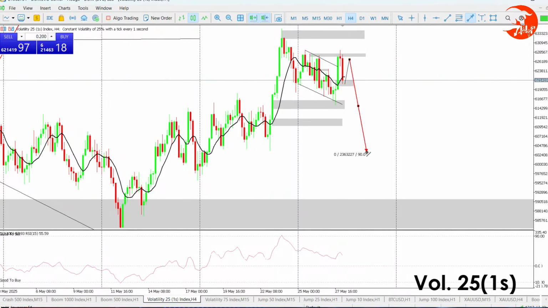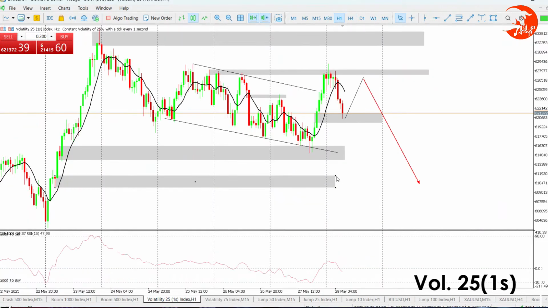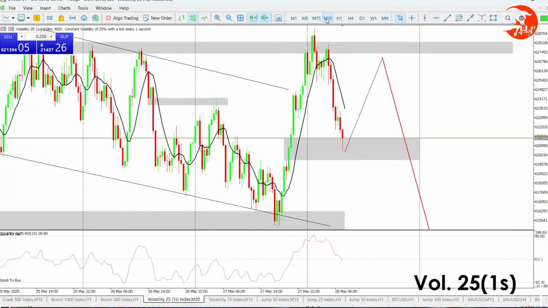According to H4, how do we actually look for this trade to come out? Let's go to M30. We are looking for sales.